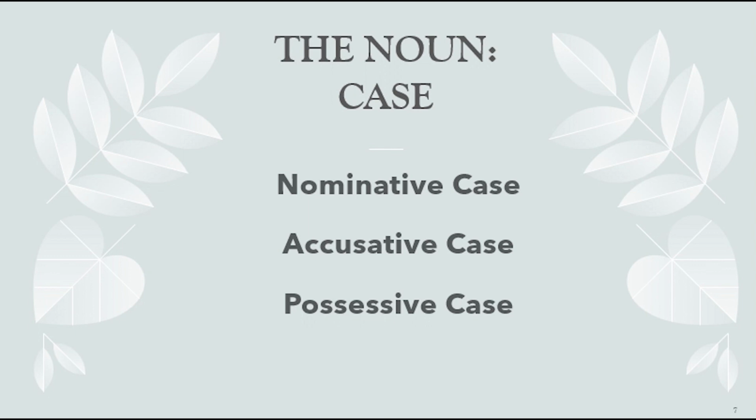In this sentence, my mother is the subject, so my mother is nominative case, and for me is the accusative case, as it answers for whom the cake was baked.